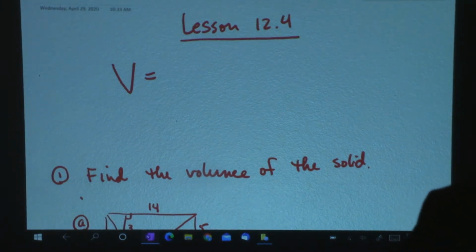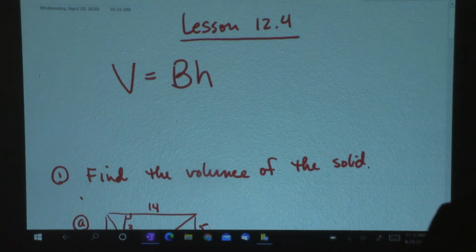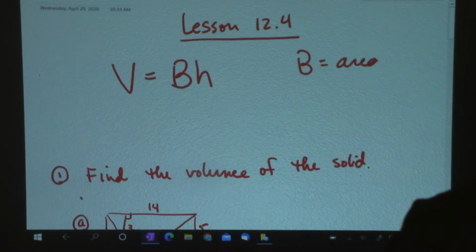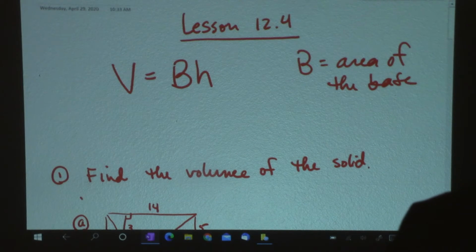Okay, so in general, the volume formula for prisms and cylinders is the area of the base times the height. Now this B is the area of the base. I believe we've talked about this. That's different than a base length.